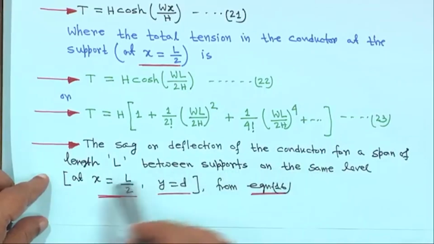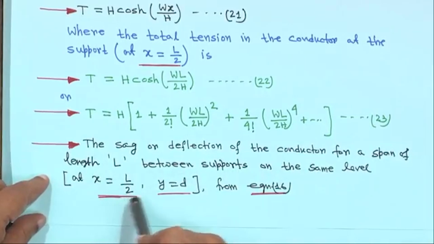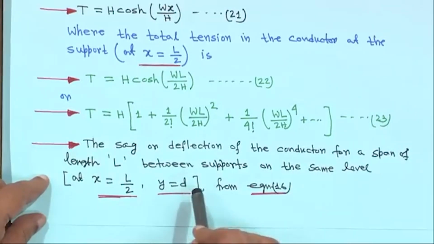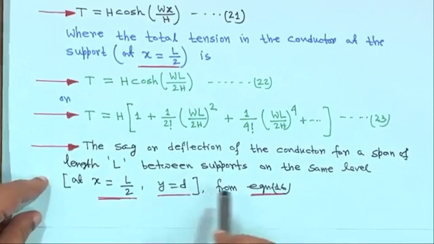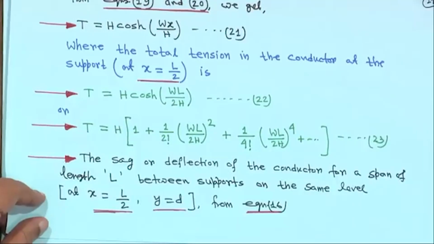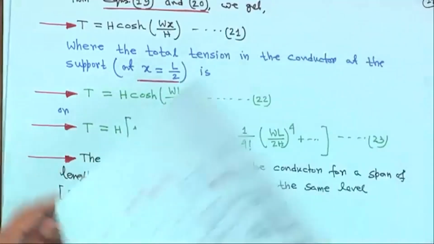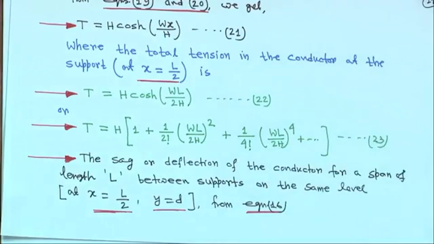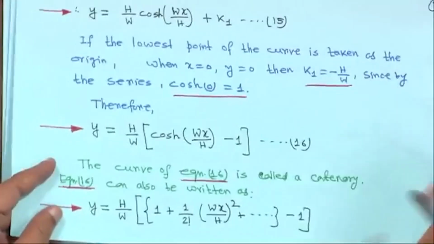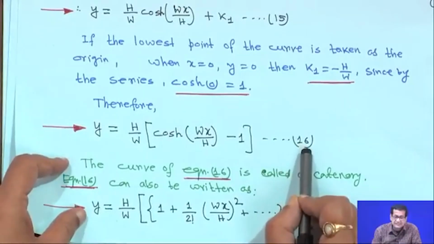Now, the sag or deflection of the conductor for a span length L between supports on the same level, that is at x is equal to L by 2 and y is equal to d. So, from equation 16, from this equation only, right.